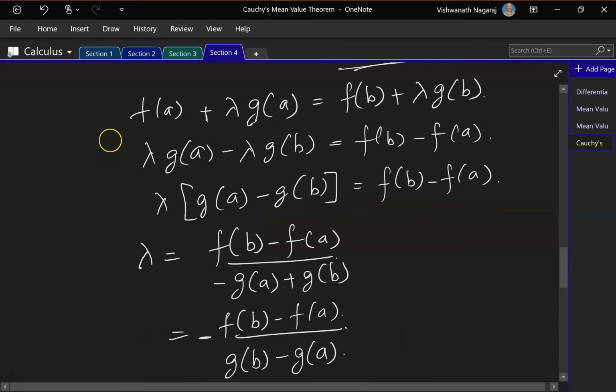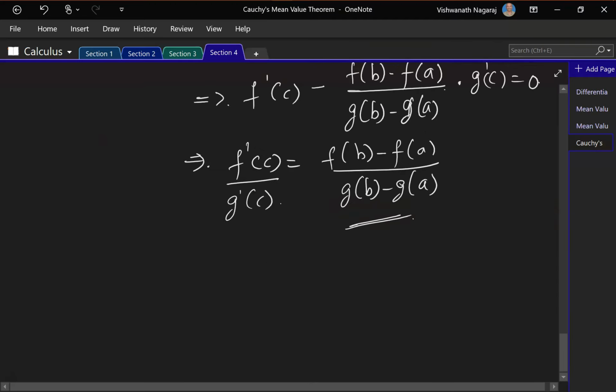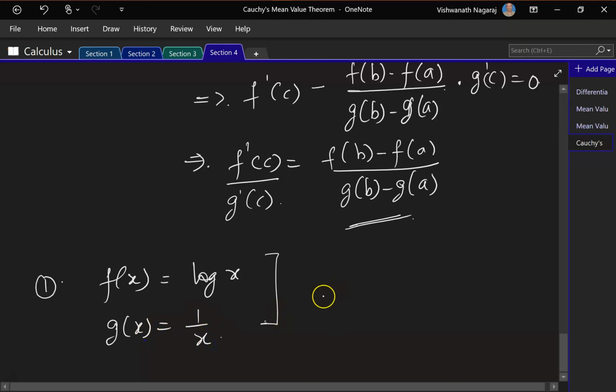Okay, let's solve one or two problems to see how this gets applied. Now let's say f of x is equal to log x and g of x is equal to 1 by x, both in the closed interval [1, e].